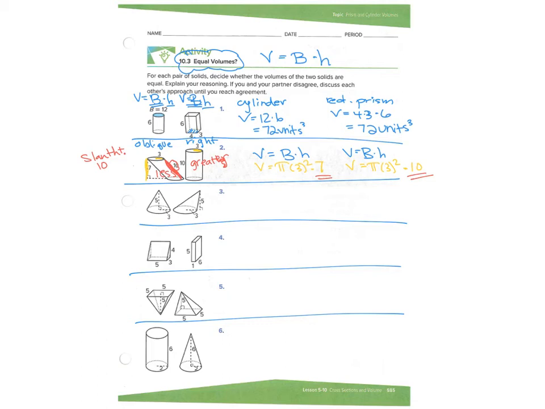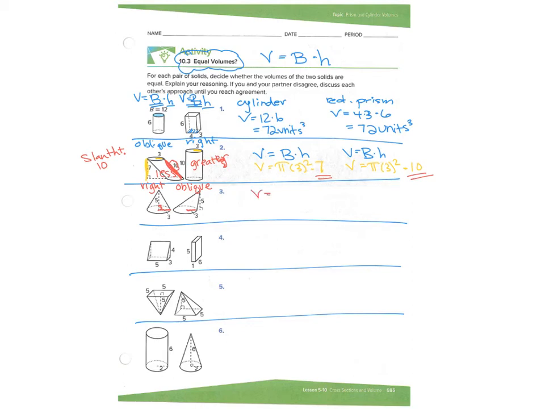Let's take a look at the next one, number 3, which also has an oblique cone and a right cone. I know it's a right cone because I can see the right angle right there. And I know this is an oblique cone because it's slanted. However, notice, just like in the last problem, my bases are circles with a radius of 3.